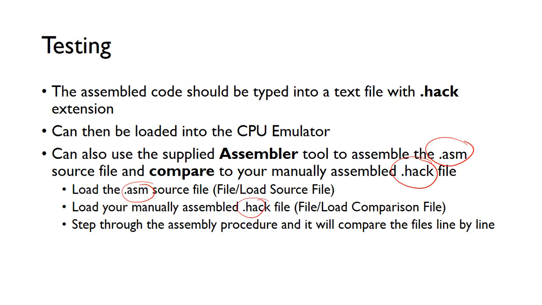You go file, load comparison file, and as you step through the assembly procedure, the assembler will compare your file to the one created by the assembler. It'll tell you if any errors have occurred, it'll highlight any differences, and you know that you've done your assembly incorrectly.